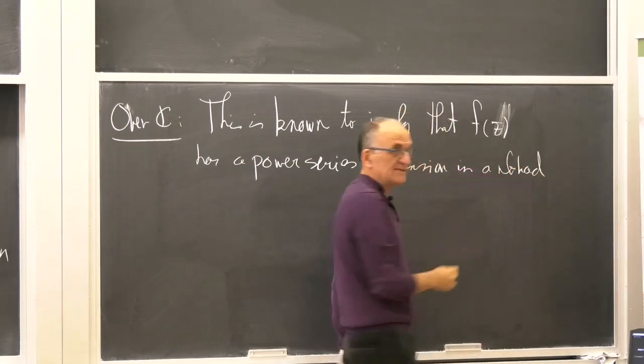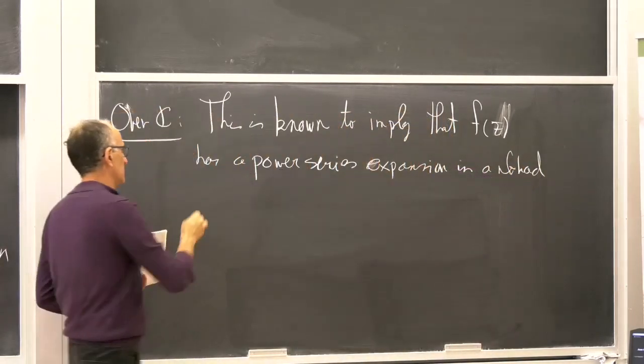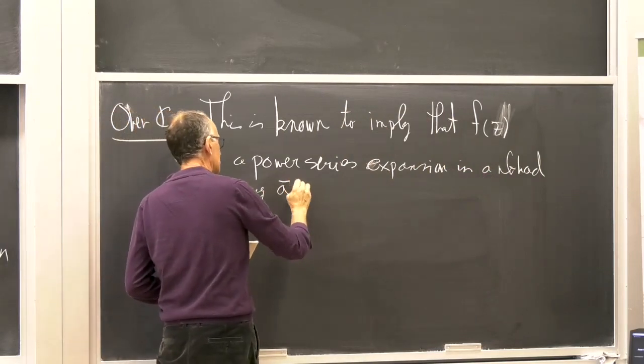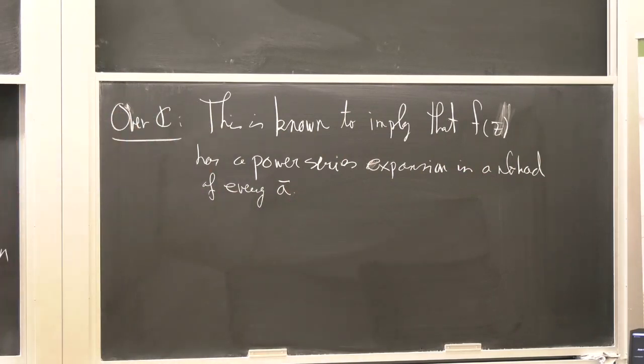So it's what's called analytic in the classical setting. But in fact, there is a strikingly strong theorem in complex analysis of several variables. It's true even if you remove continuity. This is Hartogs' theorem.